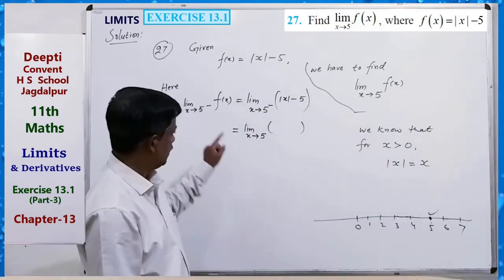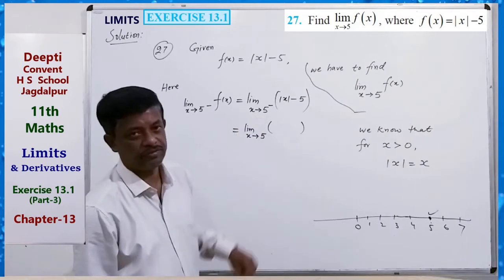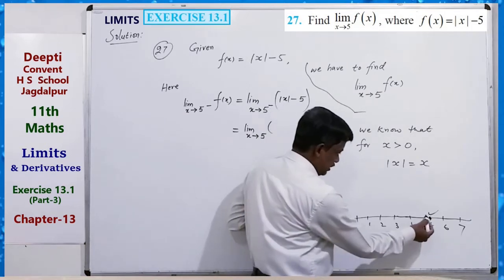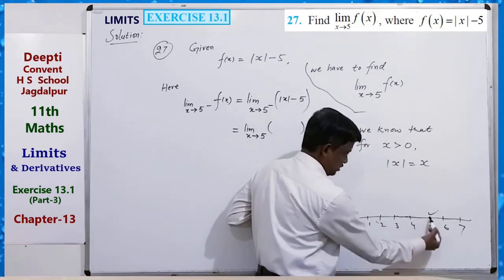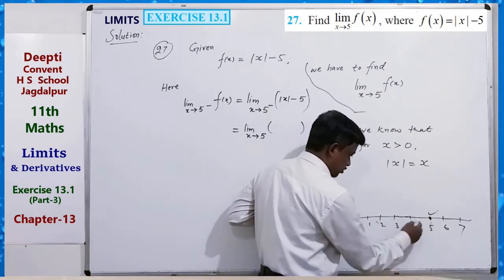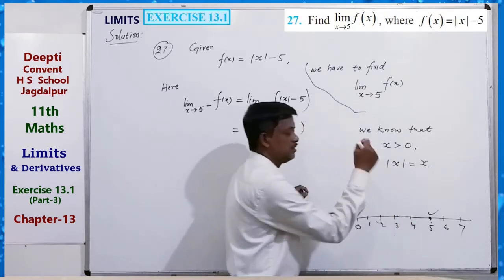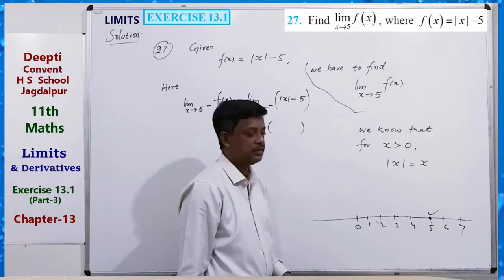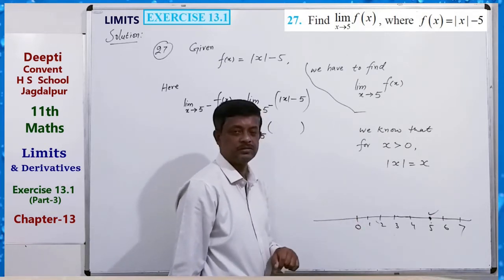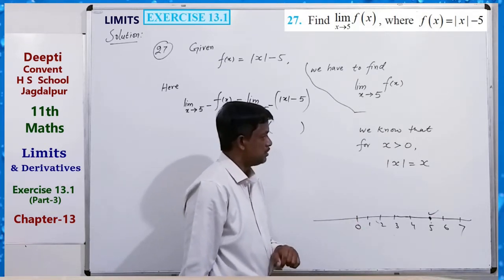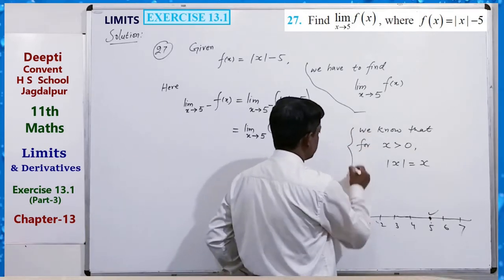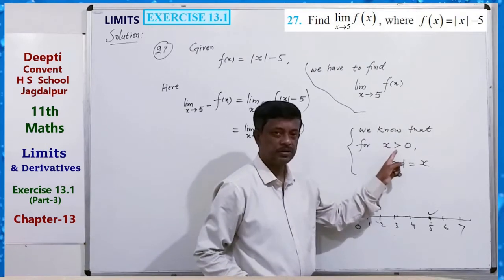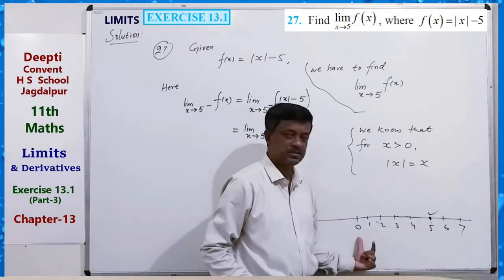Now, the left hand side of 5, this is the left hand side. But here, in this position, the left hand side quantity is greater than 0. So for x greater than 0, there is 5 greater than 0.